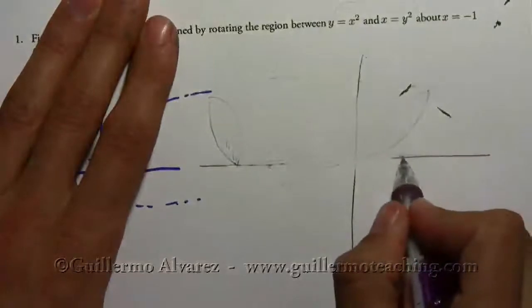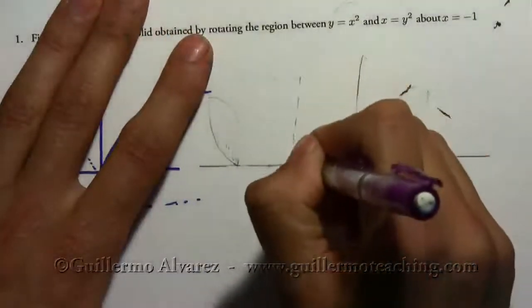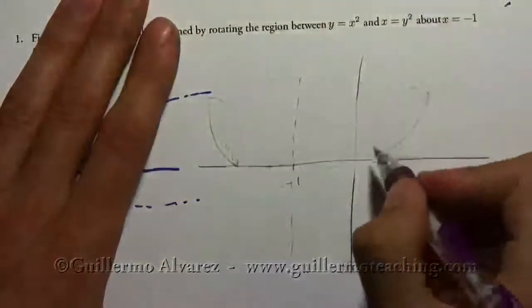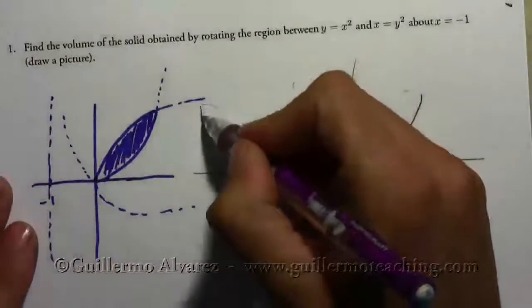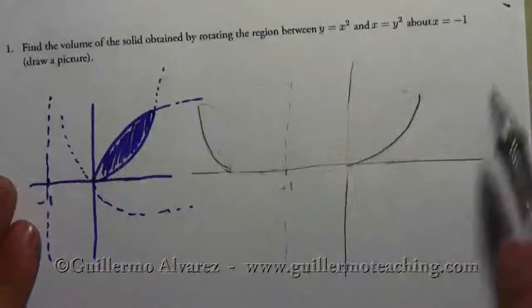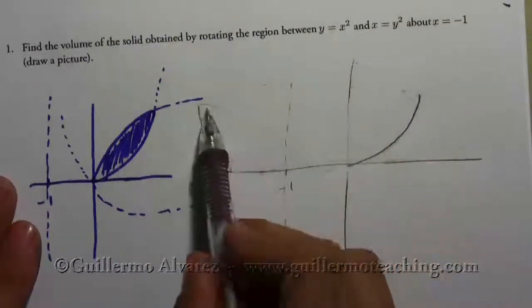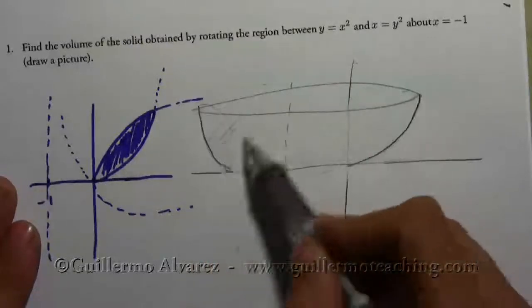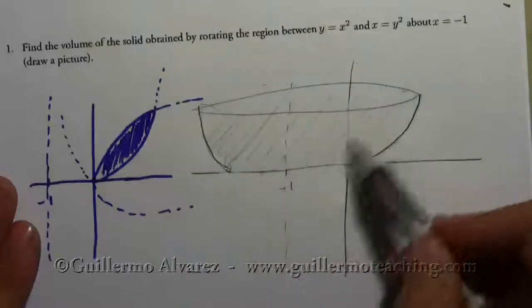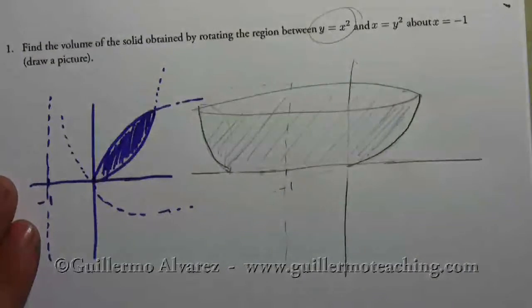So let's say I draw the solid obtained by rotating y equals x squared about x equals -1. So here I would just get this entire region if I draw just y equals x squared.